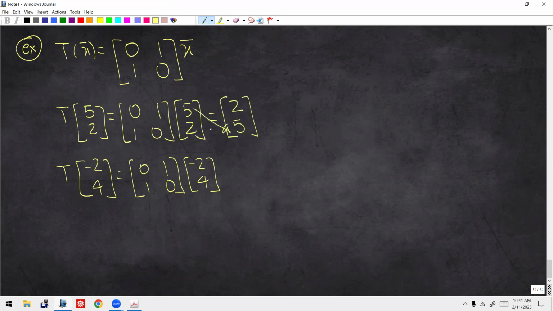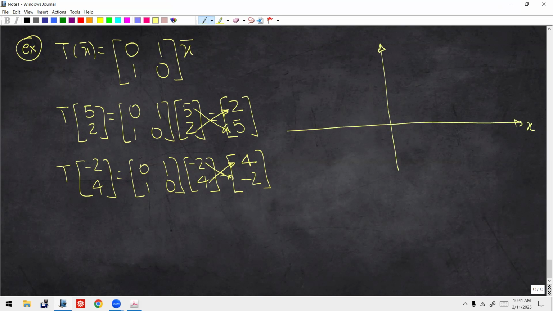So it looks like the x and the y components are getting swapped. Well, let's see what happens here. Row times column, I get 4, row times column, I get -2. Then you can see the same thing. The x and the y components are getting swapped, okay? So let's see visually what that actually looks like, or how we could describe it. So we have 5, 2, -4.